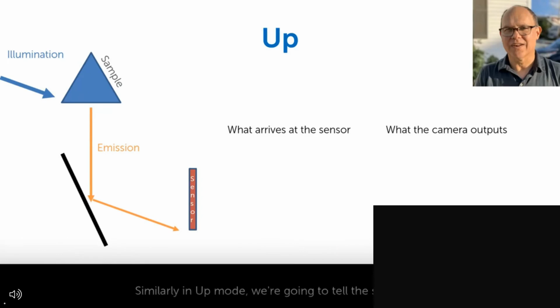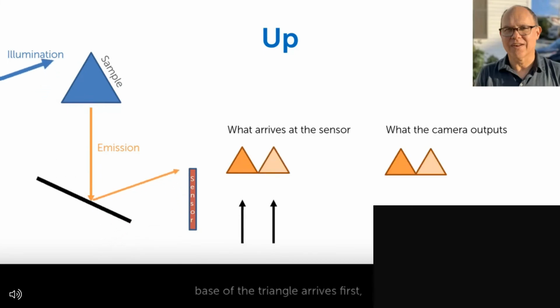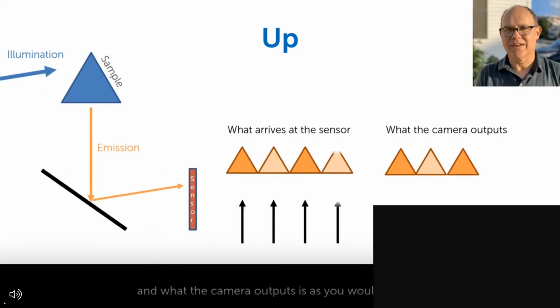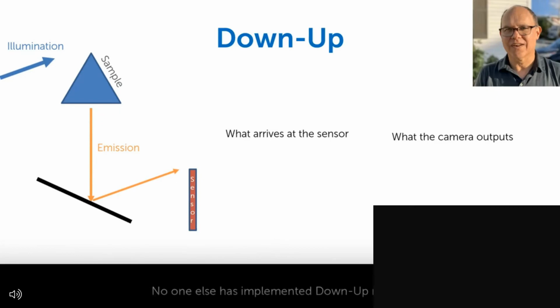Similarly, in up mode, we're going to tell the sensor to read from the bottom of the sensor and go up. So the base of the triangle arrives first, the point arrives last, and what the camera outputs is as you would expect. No one else has implemented down-up mode.